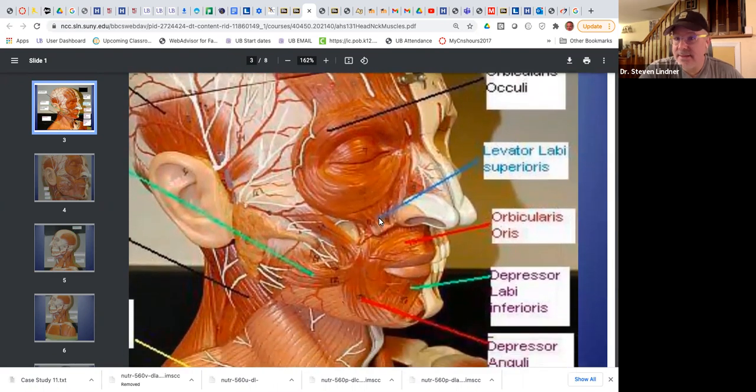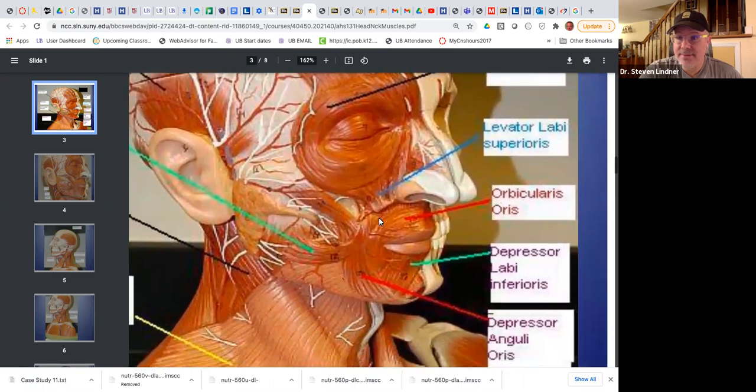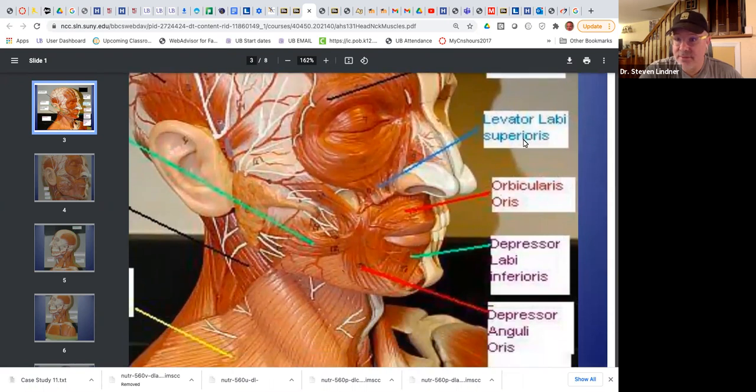Now, antagonistically to that, if there's a levator labii superioris, there's a depressor, right? The opposite of levator is depressor. The opposite of superioris is inferioris, and labii means lips. So that one's down here. This one can raise the lip up like that, like Elvis. And then depressor labii inferioris can depress the lip or bring it down, as does the depressor anguli oris down here.